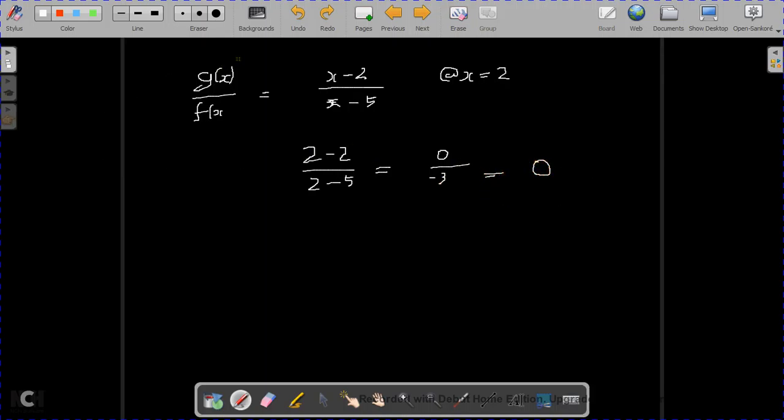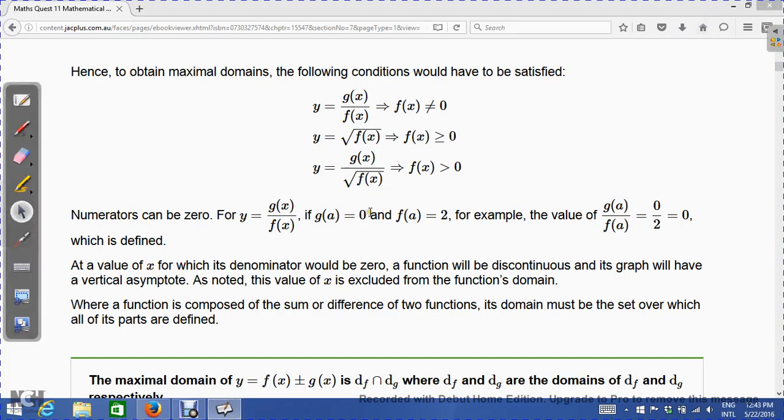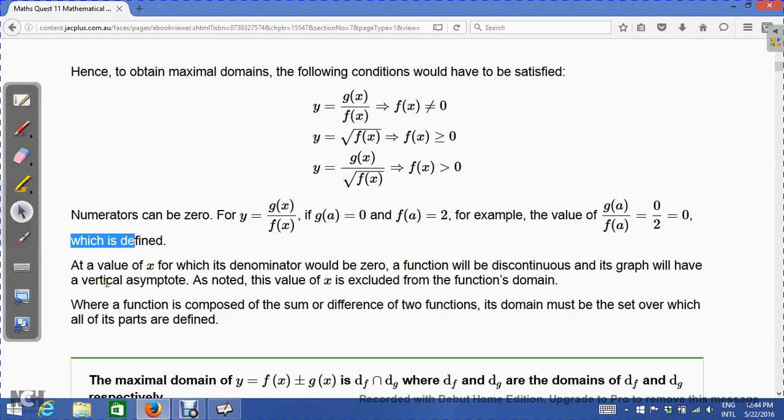So what it's saying is the numerator doesn't matter if we get a 0. It's just the denominator, the bottom part, that is the important part. When does that equal 0? We can't have it equal to 0. So if g of a equals 0 and f of a equals 2, for example, the value is equal to 0, which is defined, as I just had a look at.